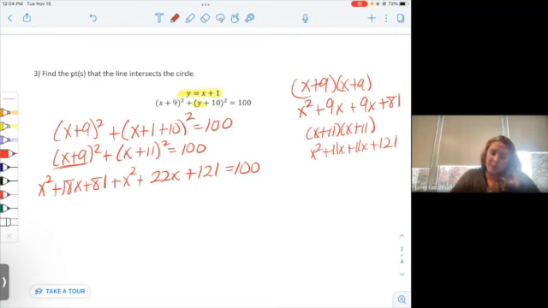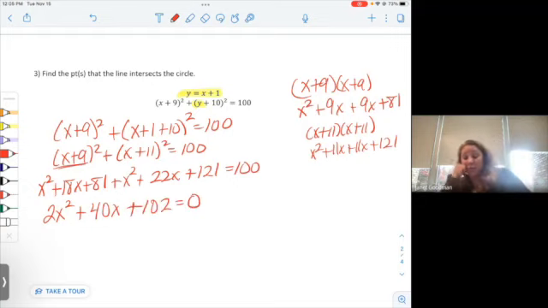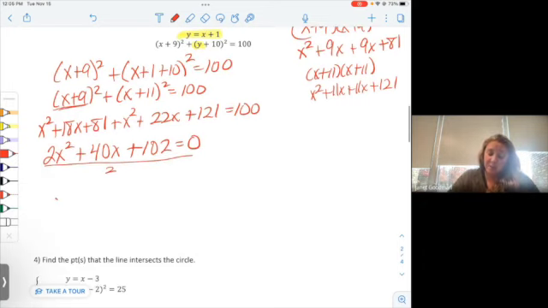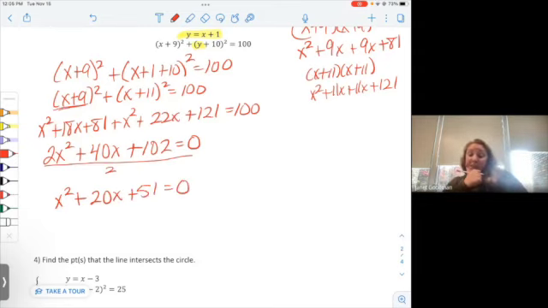So when I combine my like terms, I have 2x squareds, I have 40x's, 81 and 121, 202 minus 100 is 102. So this goes back to our factoring that we've learned in the past. It's okay if you need a review. I noticed that 2, 40 and 102 all have a common factor. So let's divide by that common factor because it makes our life a little bit easier to solve.